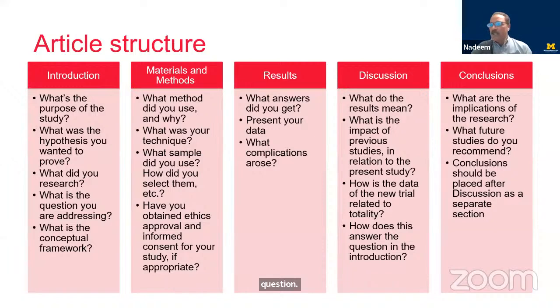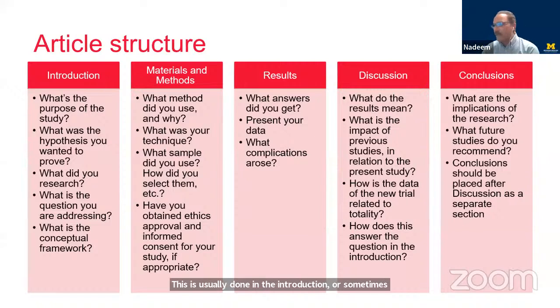This is usually done in the introduction or sometimes in the intervention section of the paper. Ideally, you would return to the theory in your discussion and describe whether your research fully or partially ratifies the theory or refutes the theory. Your discussion could also reflect on how your finding could be used to adapt the theory to make it more relevant.